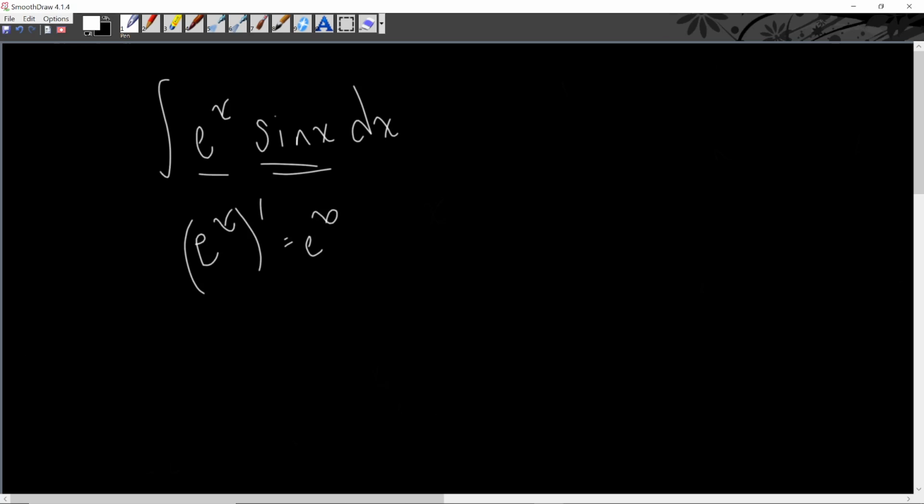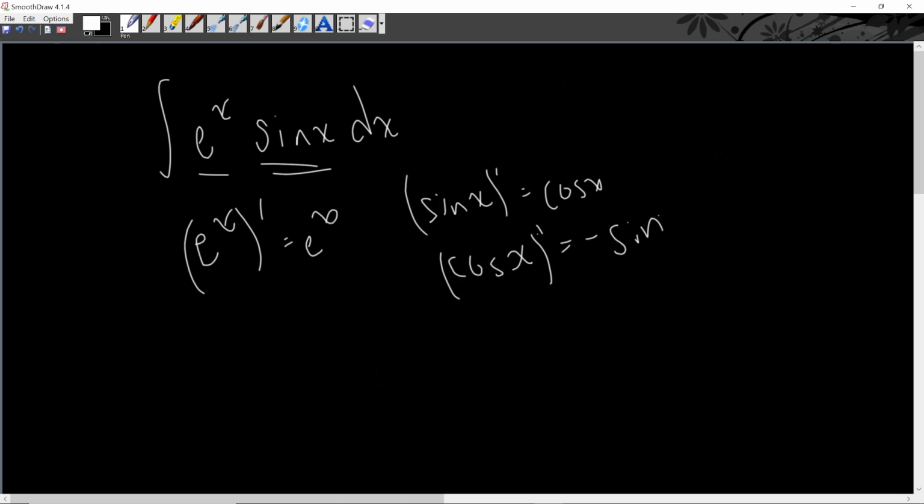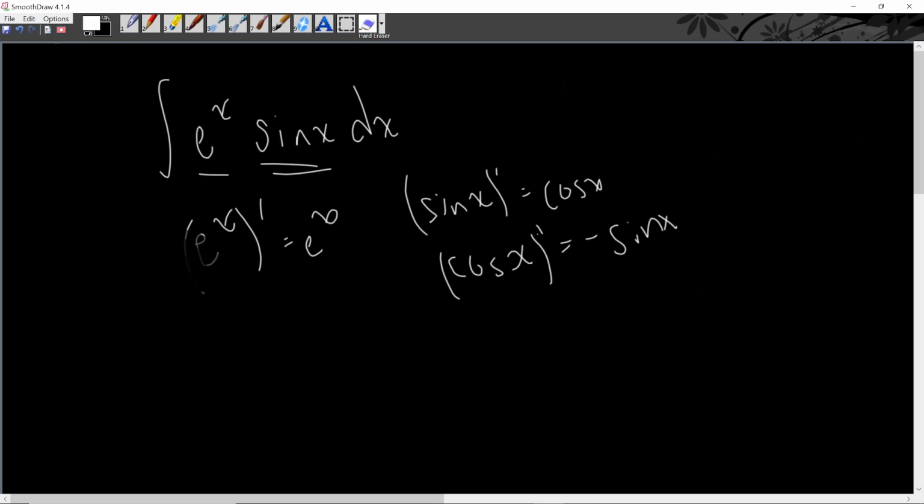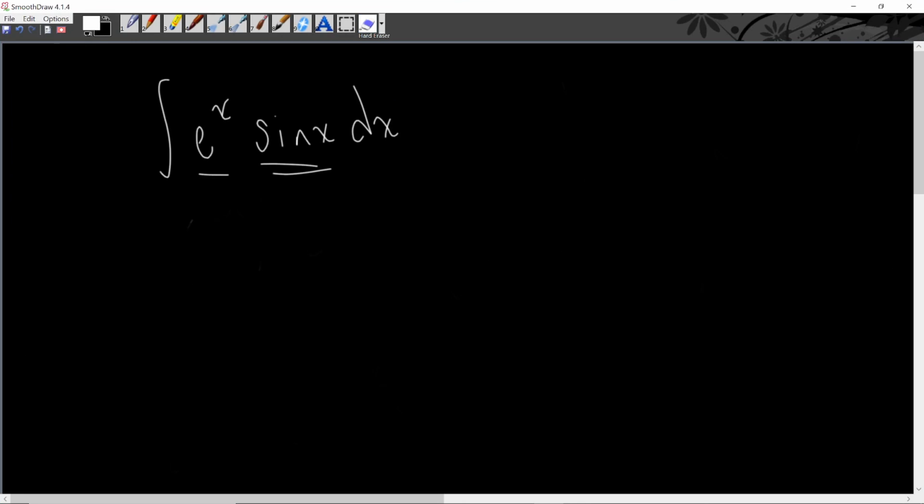And if you know your trig derivatives, these are relatively simple too. The derivative of sine x is cosine x, and the derivative of cosine x is going to be negative sine x. So you probably could use either as your u or as your v.